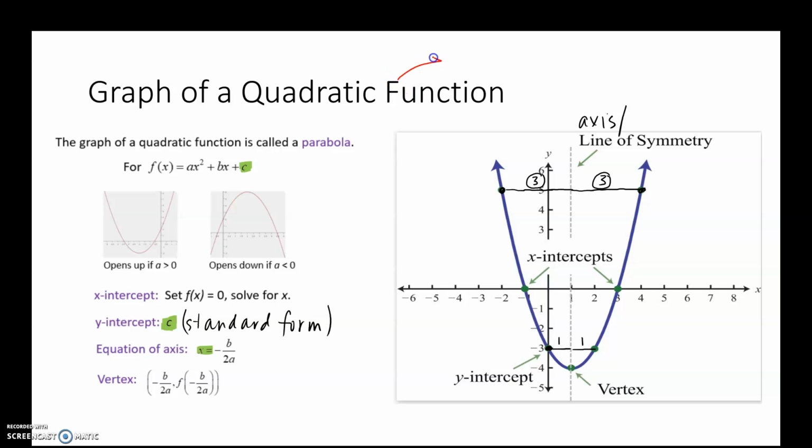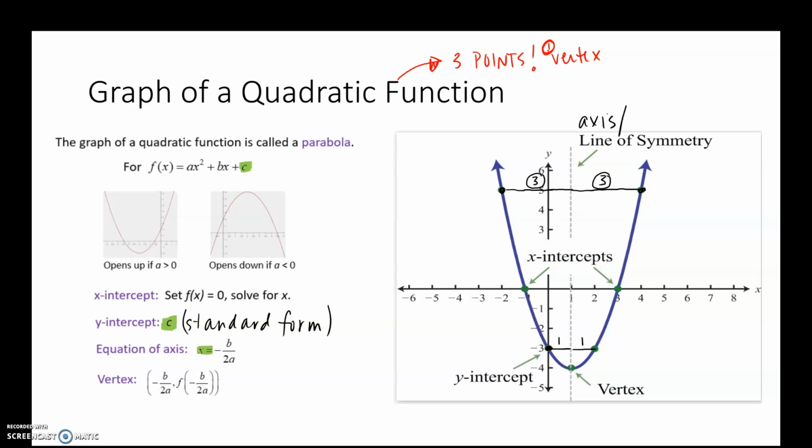To graph a quadratic, 3 points determine a quadratic. Okay, 3 points. So I have to see 3 points. Without question, always the vertex. Okay, the other 2 points, that depends on how you're solving.